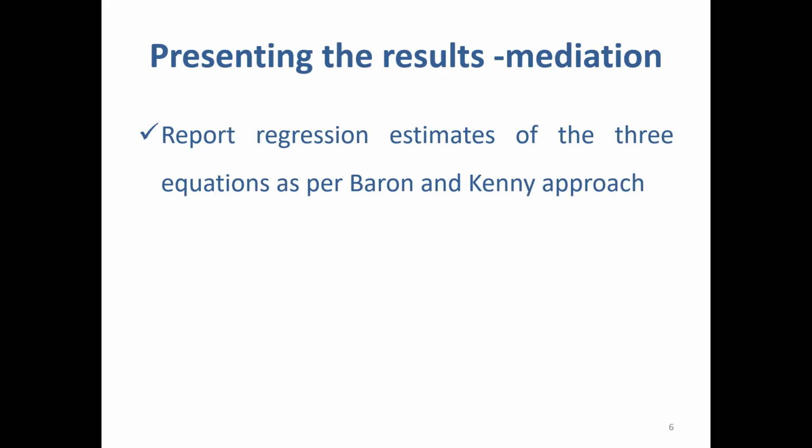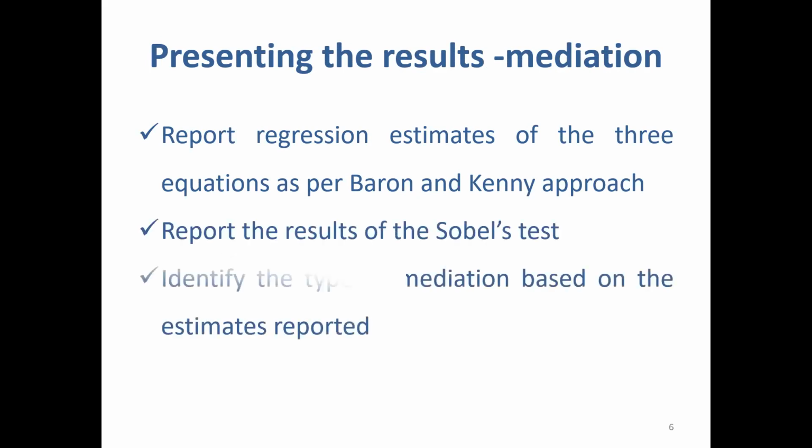All the three equations are to be reported, whether they are significant or non-significant, and depending on the significance or non-significance, you have to identify the type of mediation, whether it is a partial mediation or a full mediation. A very important part along with this, as we have talked about before, is Sobel's test. This has to be significant if the mediation effect is there. This is an important part of this.